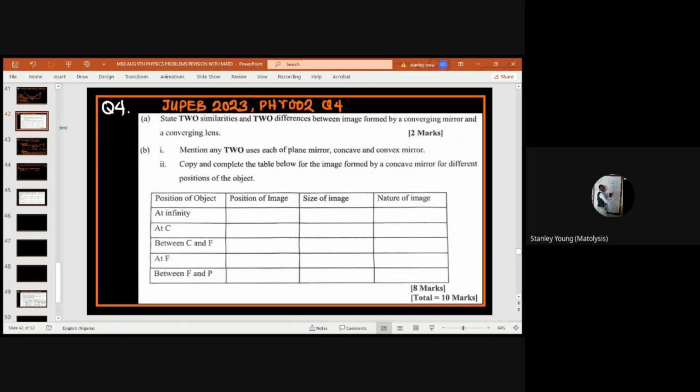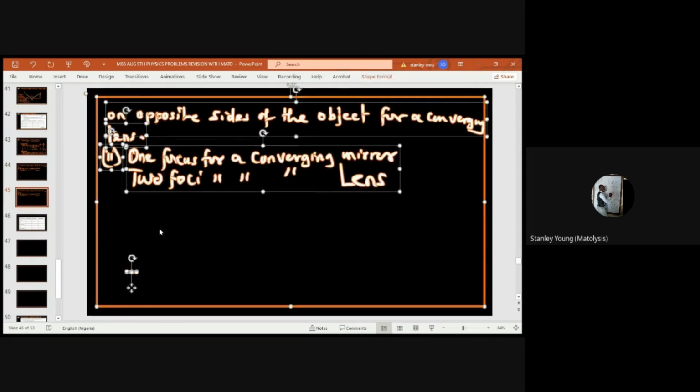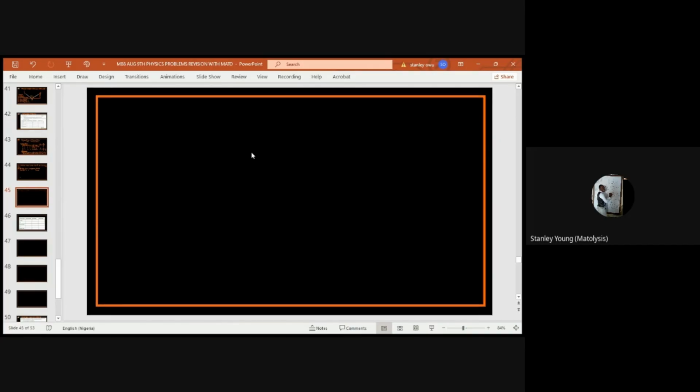Next question, B part, Roman figure 1. Mention any two uses of plane mirrors, concave mirrors, and what? Convex mirror. Okay, let me create more space for that. So we have a plane mirror.